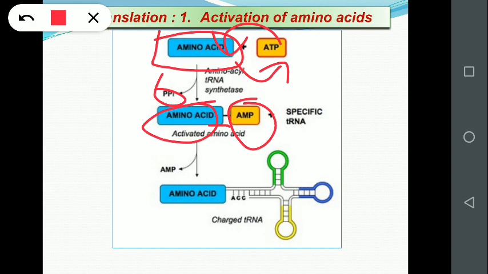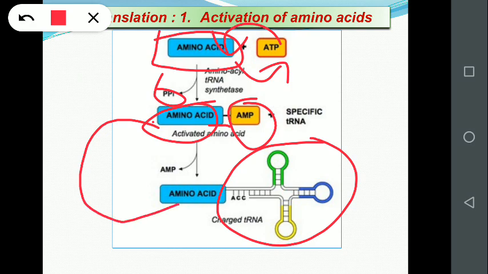So now the aminoacyl AMP binds the specific tRNA molecule, and then this amino acid is directly transferred to the 3' end of the specific tRNA molecule, and releases AMP.